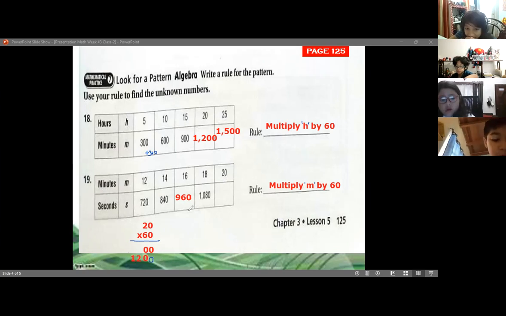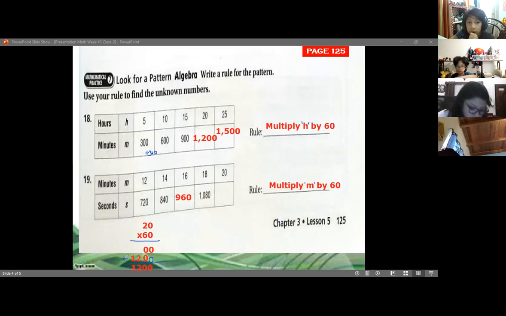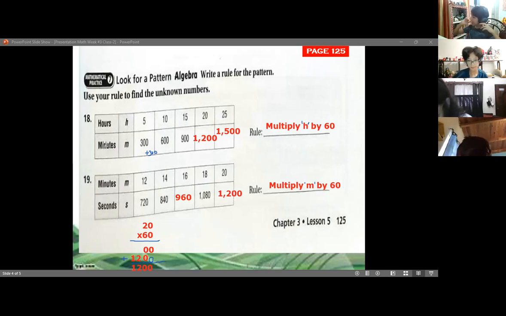So that is the answer of 20 times 60: 1,200. That is the answer for 20 minutes. When you have 20 minutes, you have 1,200 seconds.